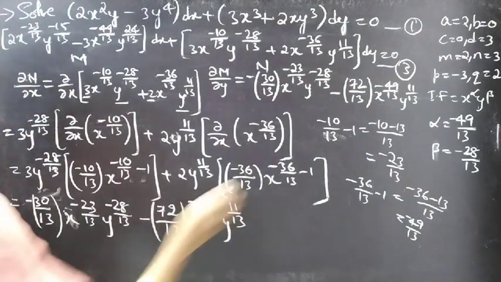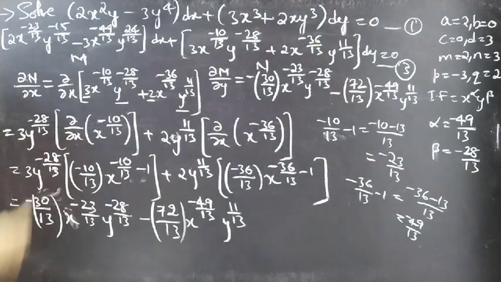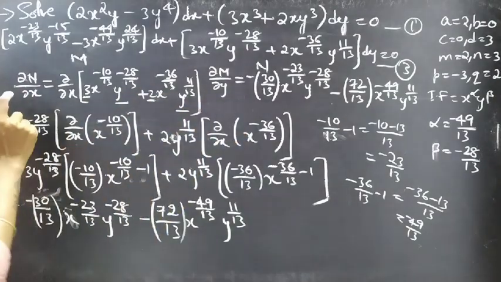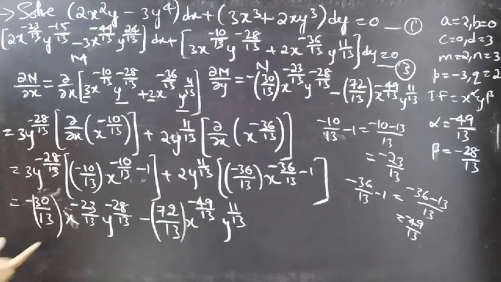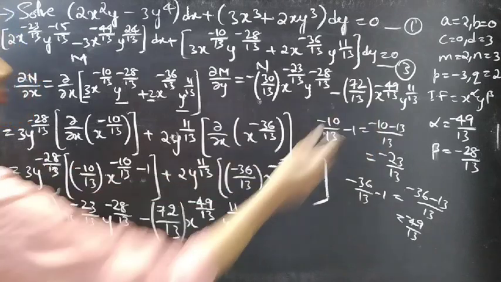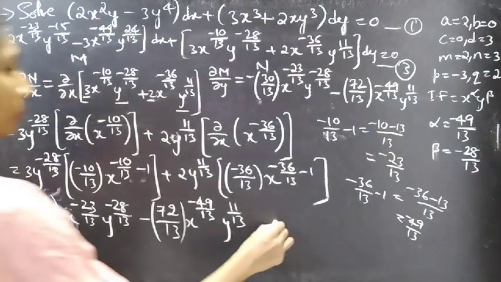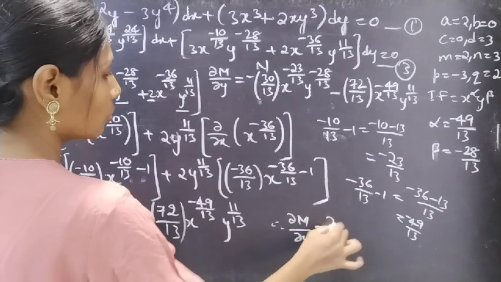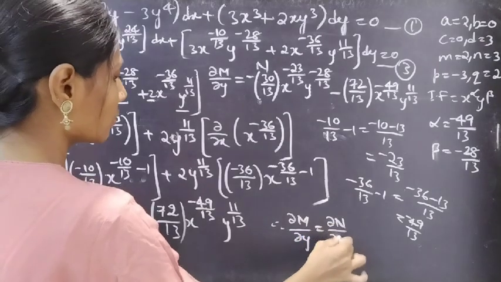By observing these two, we can say that the partial derivative of m with respect to y equal to partial derivative of n with respect to x. See, you have the same terms here, okay. Therefore, partial derivative of m with respect to y equal to partial derivative of n with respect to x.